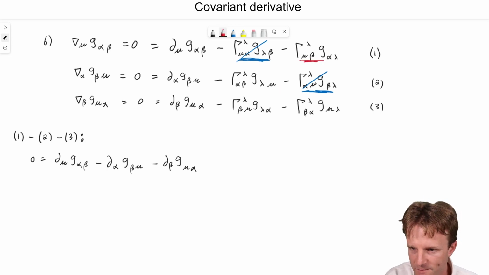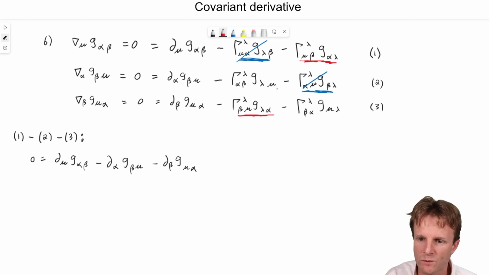Let's look at this term. If we look around, we should find one that looks the same. I see down here, we just have beta mu instead of mu beta, and lambda alpha instead of alpha lambda. Again, these are coming with the same sign in their respective equations, but we're subtracting 3 from 1, and so they're also going to cancel.